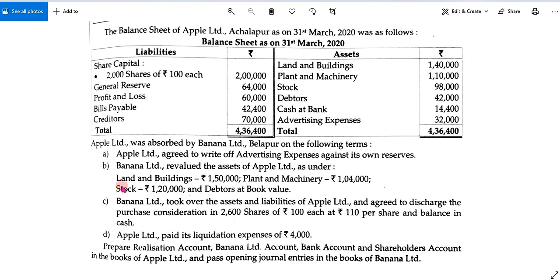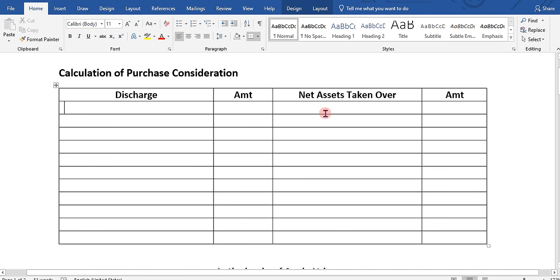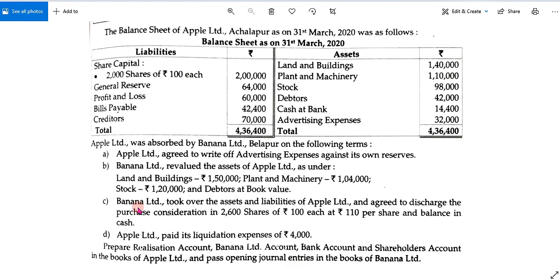Okay, so assets, land and building, plant and machinery, stock and debtors are being reevaluated. So for purchase consideration we will add all the assets and less liabilities, and then we will see how the purchase consideration is discharged. So first assets is land and building. Land and building 1,50,000.